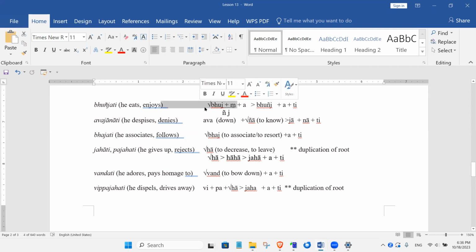The M becomes nya. And then the nya and J interchange in position, becoming bhunj plus a plus ti. So you get bhunjati. So this is the second conjugation, the second group.